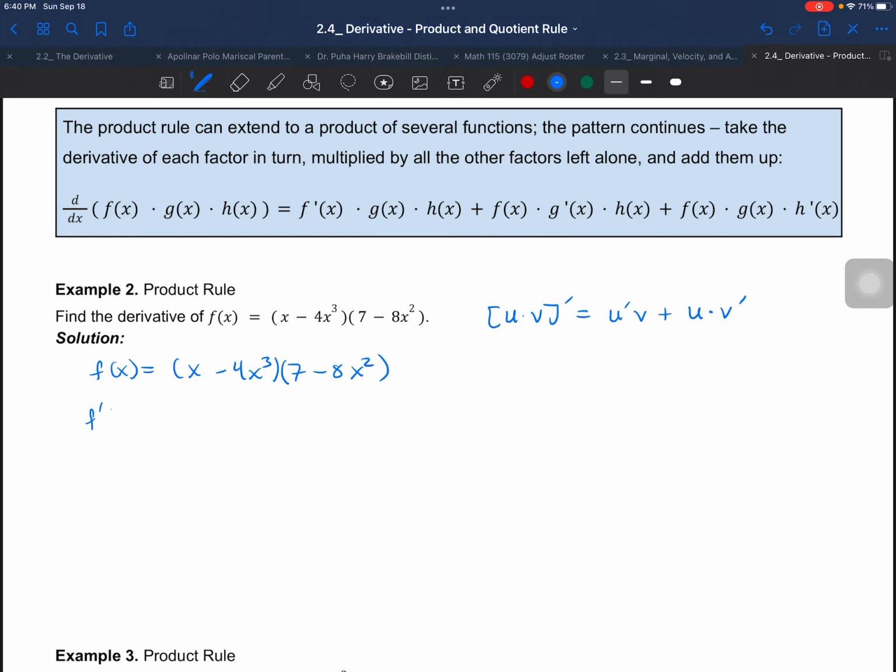I'm going to put some brackets and say I'm going to take the derivative of the first one times the second one left alone, plus the first one left alone times the derivative of the second one.